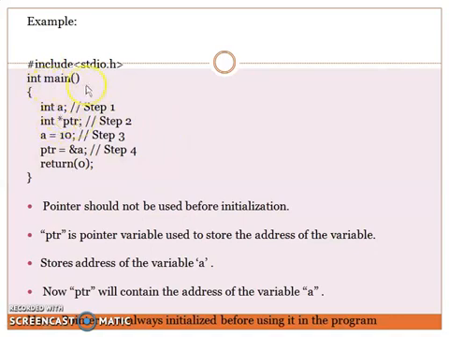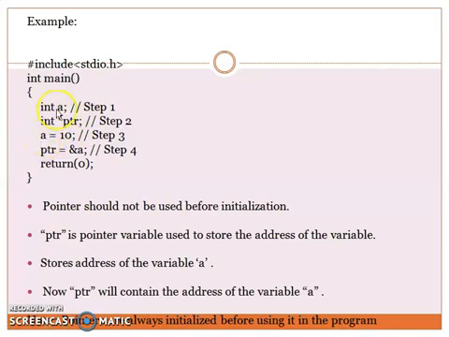So in our program, here we are declaring one simple variable of type integer. The name of the variable is a. Then we are declaring one pointer variable. How do we know this is a pointer variable? This operator symbol, the pointer operator, differentiates the variable as a pointer variable.